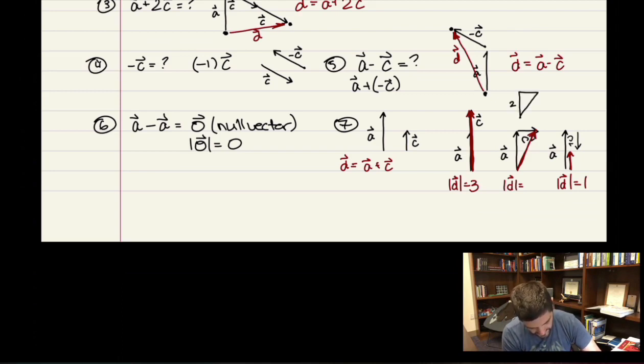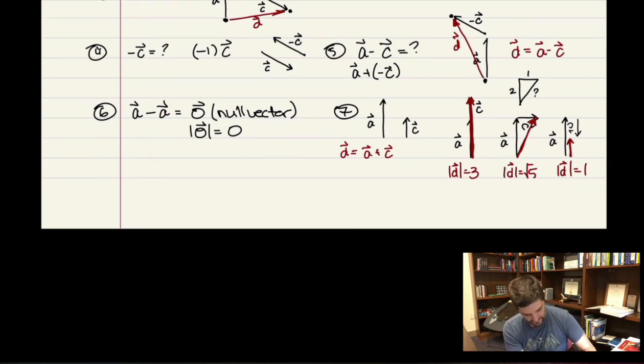One side of the triangle has length 2, the other side is length 1, and now we're asking what is the length of the other side, which is the hypotenuse, which is the length of vector D. So in that case, this is just square root of 5 by the Pythagorean theorem, which is about 2.2. So it has a magnitude or a length that's in between the two extremes of 1 and 3.